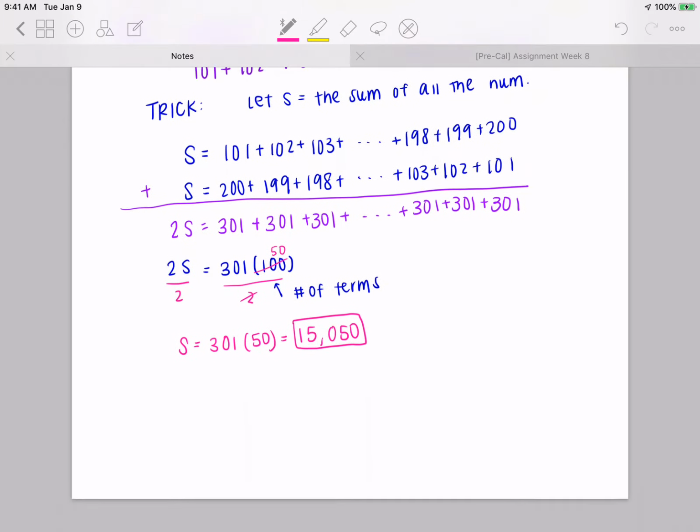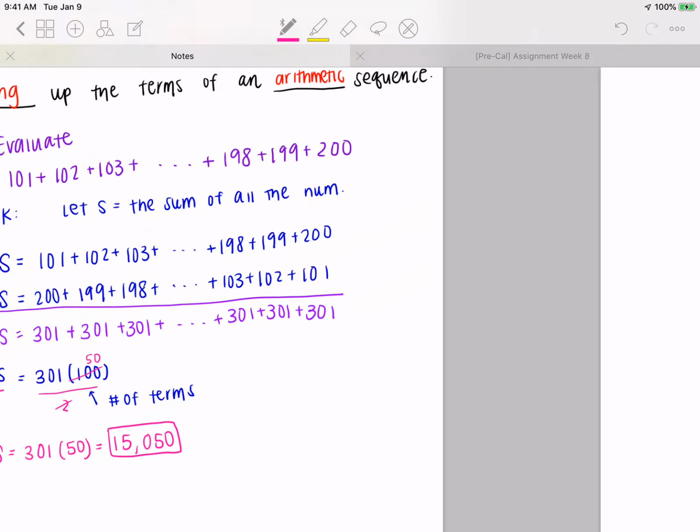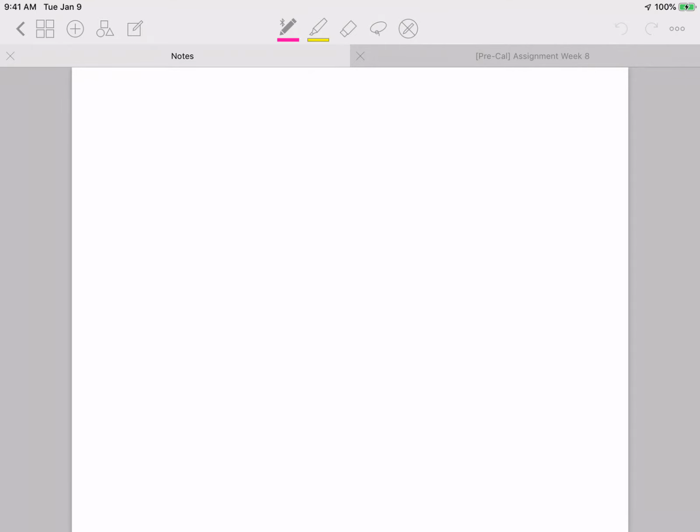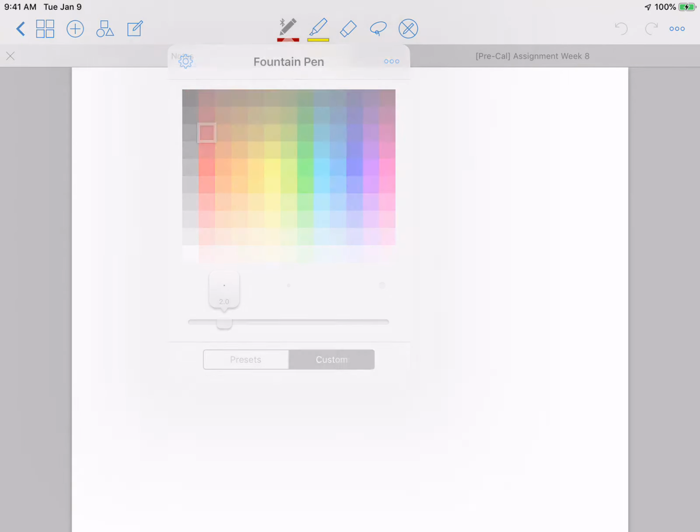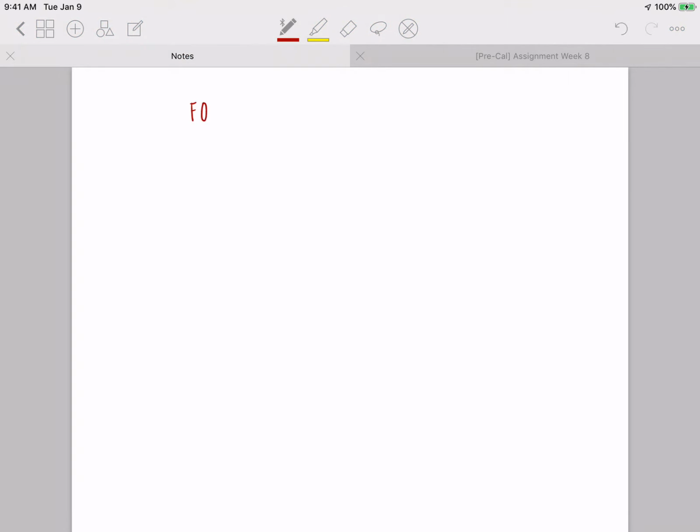Okay, so here's the formula, which I'm going to show on the next page. Formula for arithmetic series, which is S equals N times (F plus L) over 2.